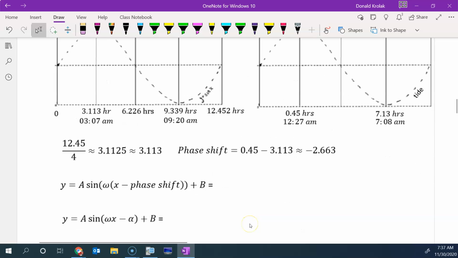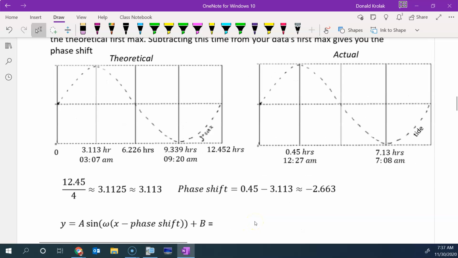So if you look what I did, I took our period, divided it by 4, and then I rounded this to the nearest thousandths. Okay, so this is how many hours after midnight that the max would occur, our theoretical max. So you notice that our theoretical max would occur around 3 in the morning.